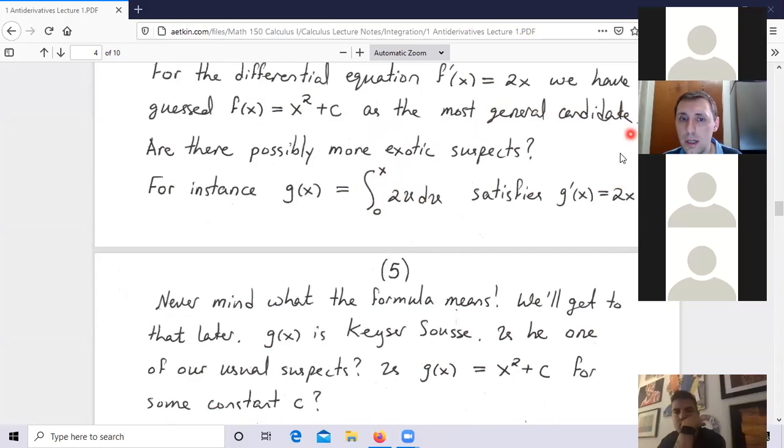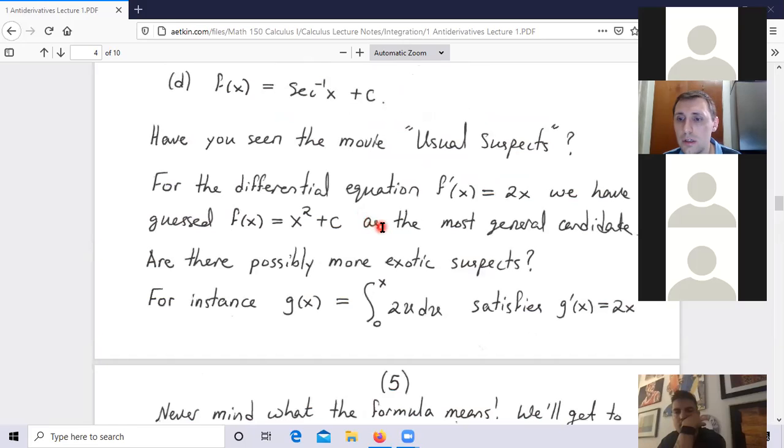You understand? The derivative of this weird expression is 2x. Could you give me a simple formula for g of x, to the best of your ability right now? Can you think theoretically like this? Take the derivative of g and you will get 2x. If what I'm saying is true, what must be g of x?